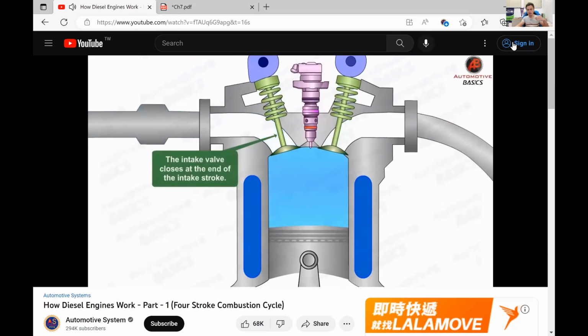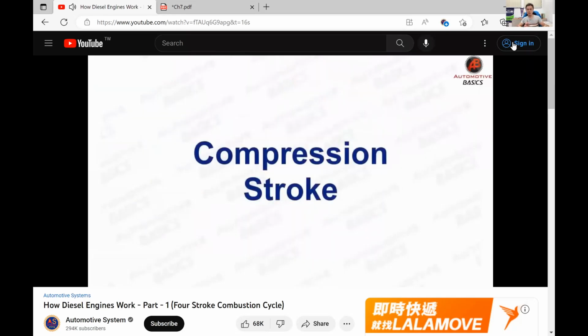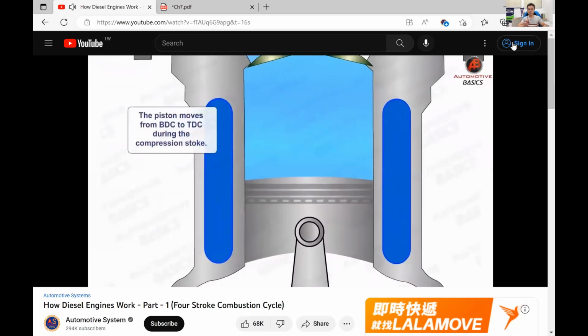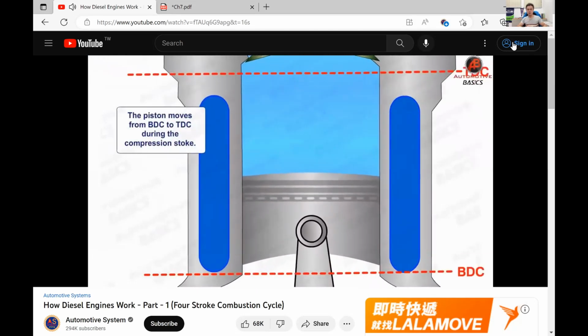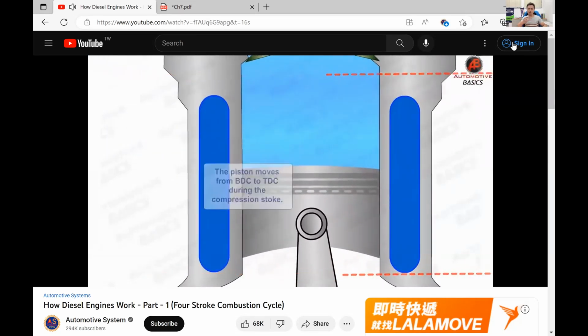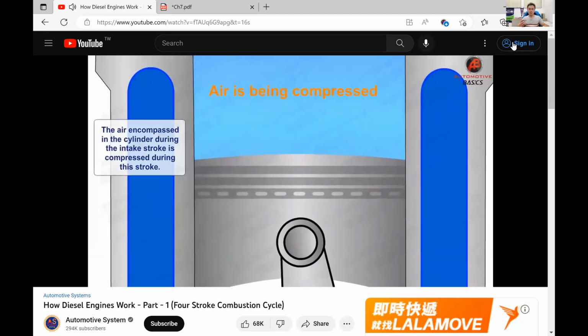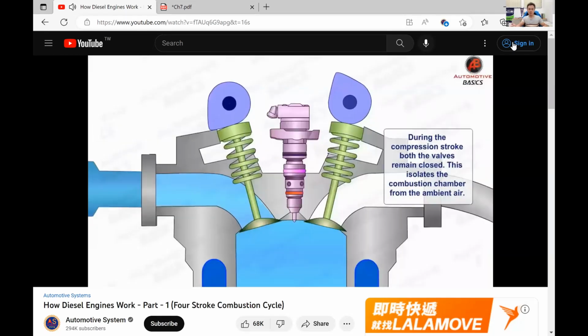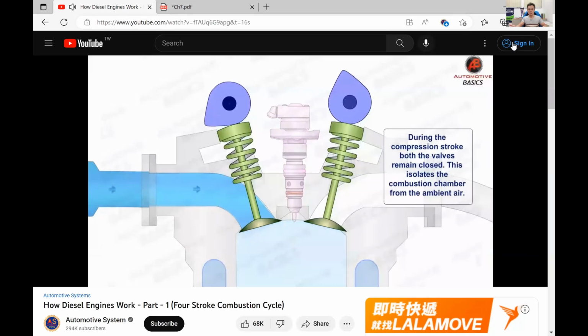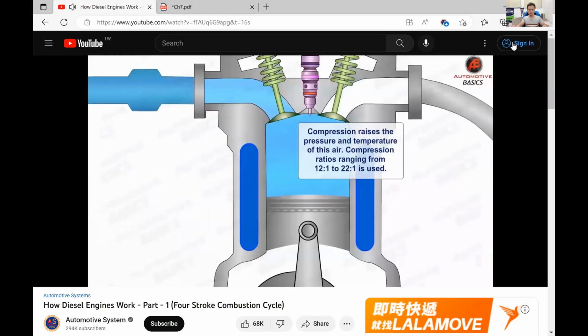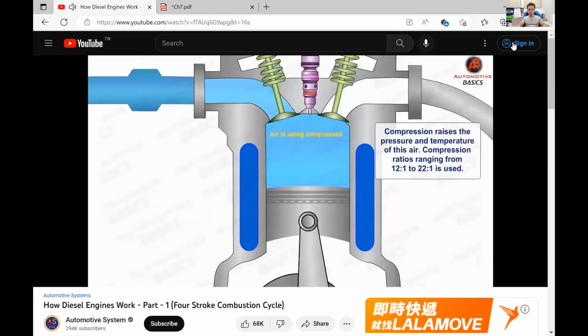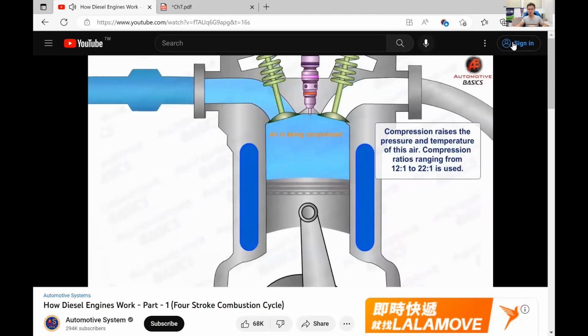Then the valve is closed. Then the piston is compressing the cylinder. This compression process increases the temperature and pressure of the air. So air is being compressed.